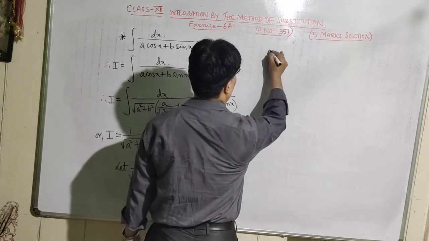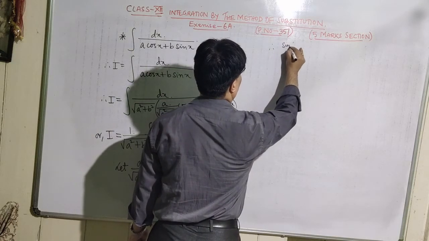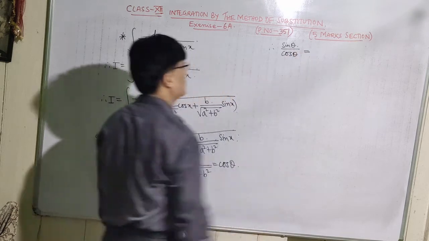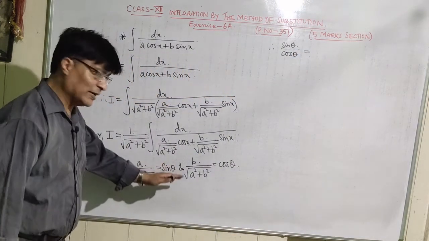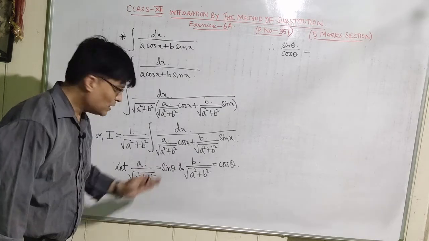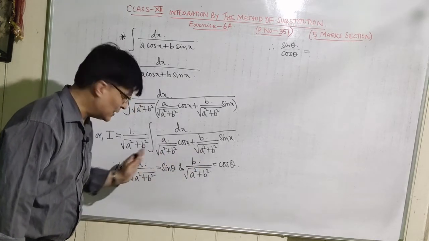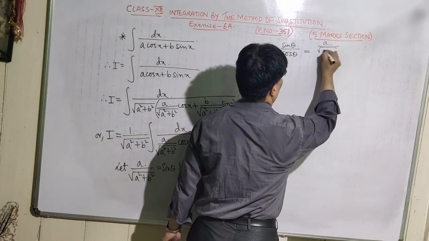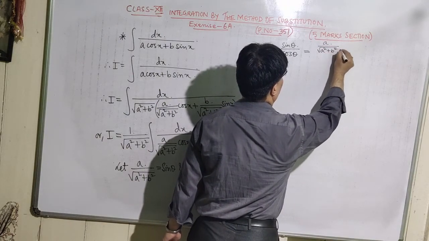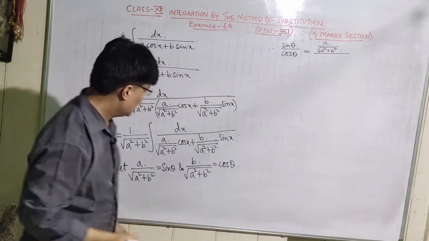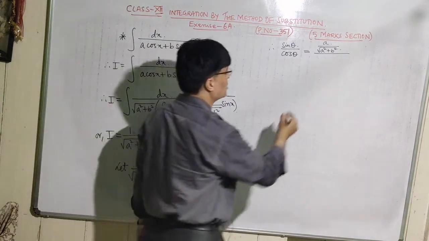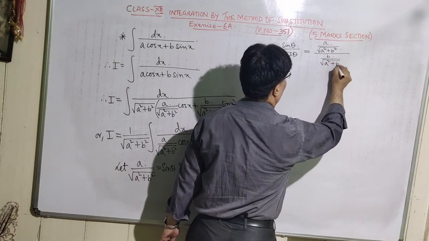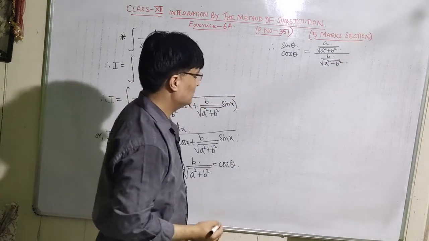If we divide them, what do we get? That is sin theta upon cos theta is equal to, if right hand sides are divided, left hand sides should be divided. That is a upon root over a square plus b square divided by b upon root over a square plus b square, okay?